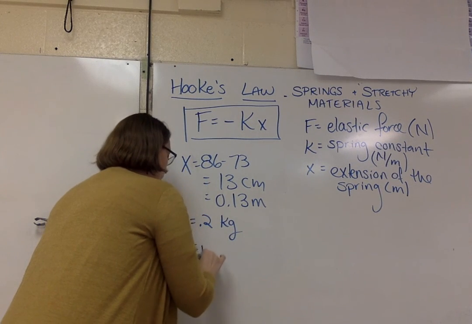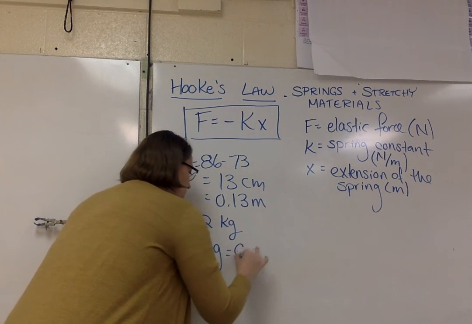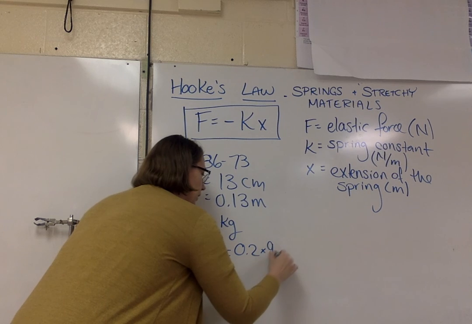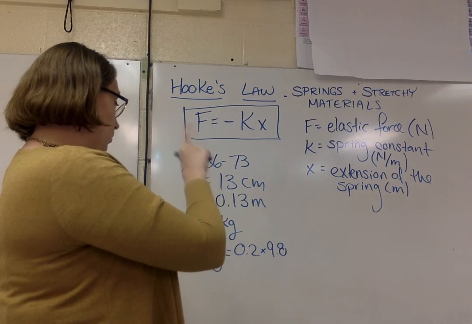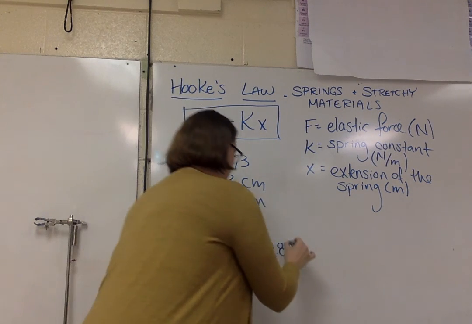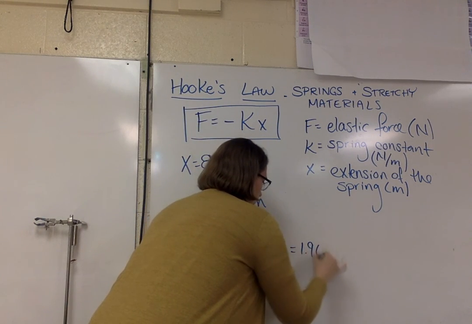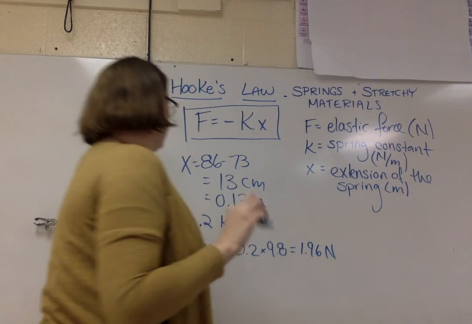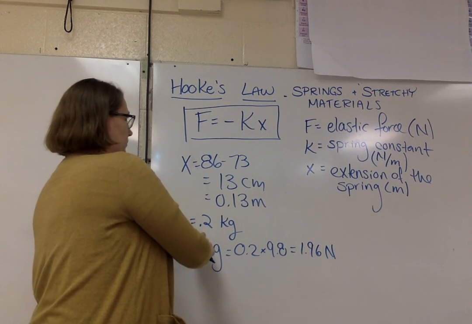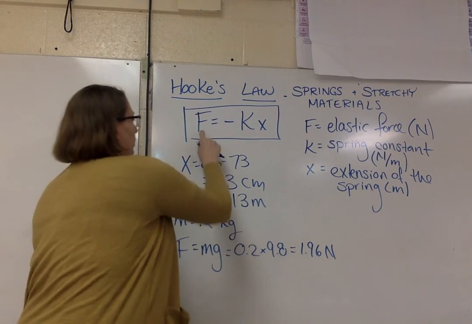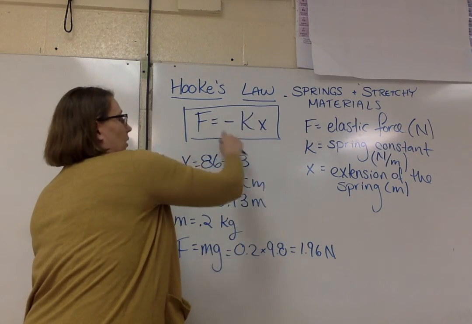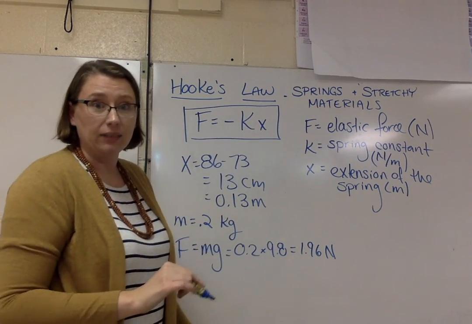So that's m times g equals 0.2 times 9.8. So that's going to give me 1.96 newtons. So I know the mass, which I use to find the gravity. Here's my force, here's my x, and now I can find k.